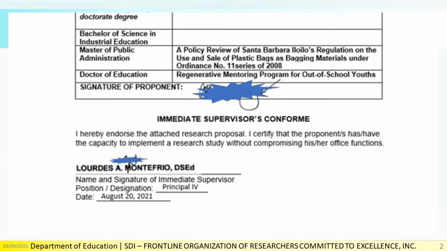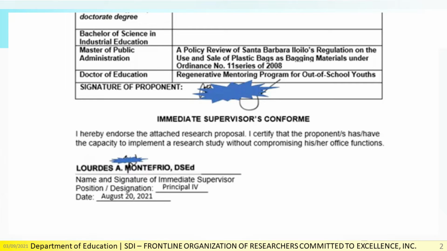Please take note that for teachers and master teachers, your immediate supervisor will be your school head or principal. For the principal, the immediate supervisor should be the PSDS or the district supervisor.